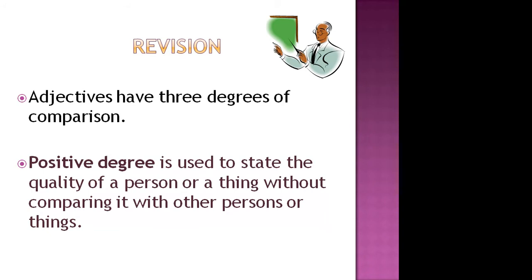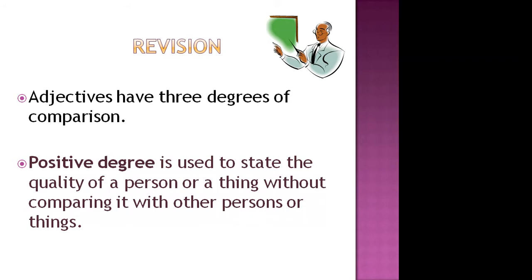Now you need to have at least 2 people to compare. Okay, not more than 2 people but only 2 people. So here we are not comparing it with anyone, so we don't have 2 people, we just have 1 person about whom we are speaking.